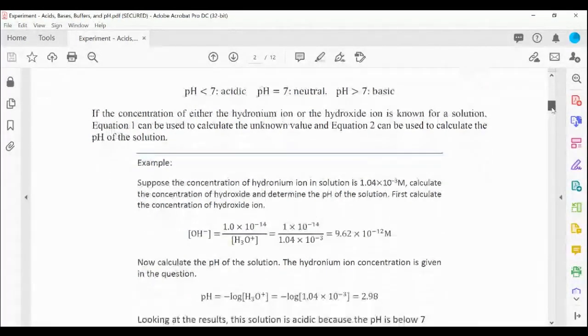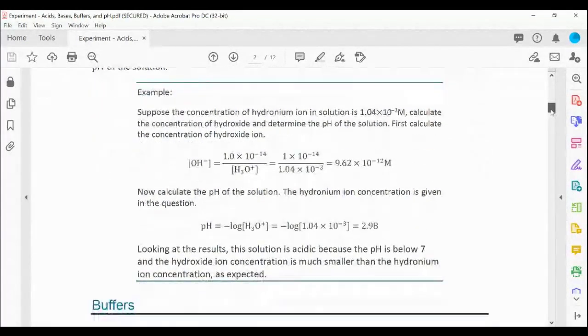Then, if we continue looking at this write-up, they are giving an example. It says, suppose the concentration of hydronium ion in solution is 1.04 times 10 to the minus 3 molar.